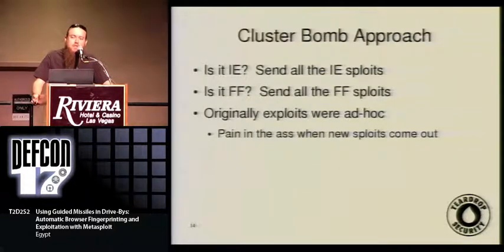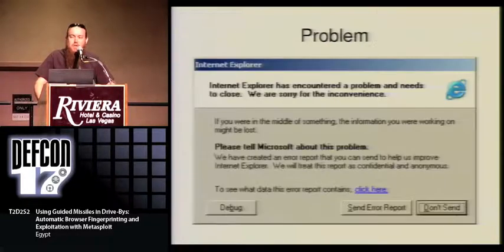If it's Internet Explorer, you send all of our Internet Explorer exploits, and it's effective in a lot of ways, but it has a lot of downsides too. Originally, the browser autopwn module had all of the exploits inside the autopwn module itself, so it was sort of a pain in the ass when new exploits came out, and you couldn't easily remove or add new exploits. That's changed.